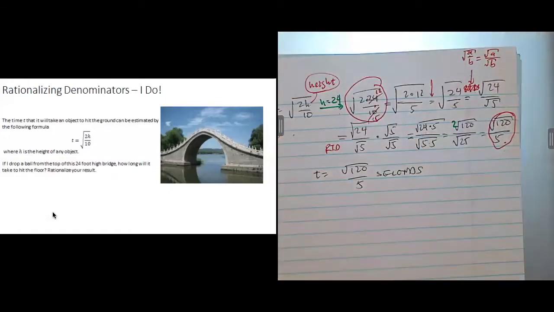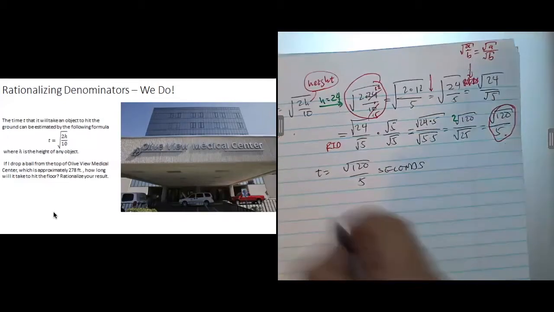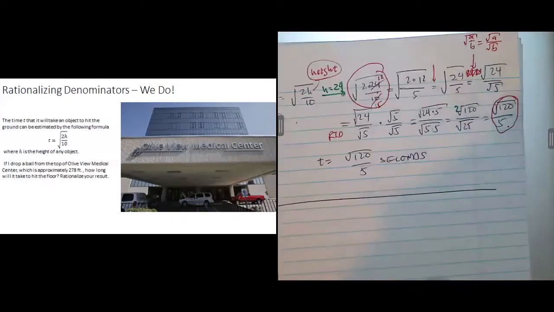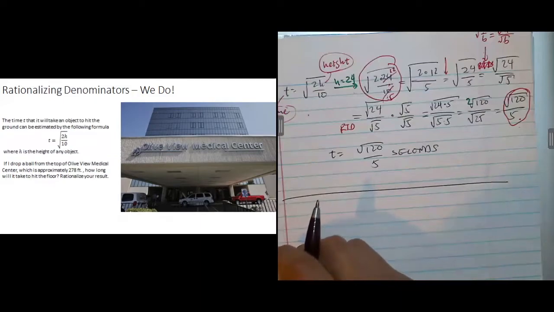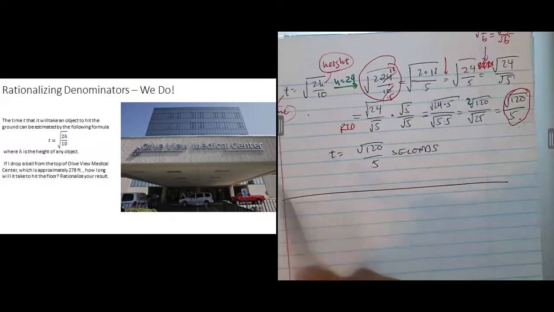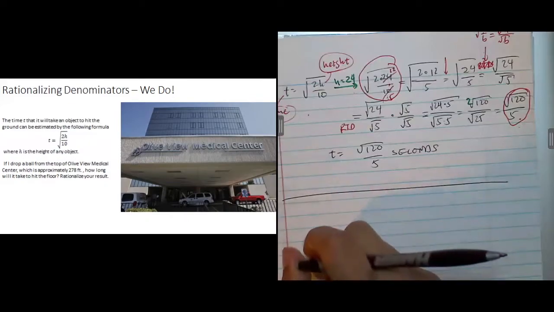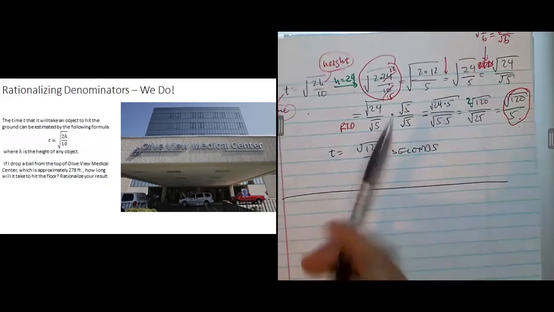The last problem. Get prepared to get prompted with questions. Does anyone know where this hospital is at? It's a local hospital. The problem, much like the last problem, says the time t that it will take an object to hit the ground can be estimated by the following formula, the same formula.